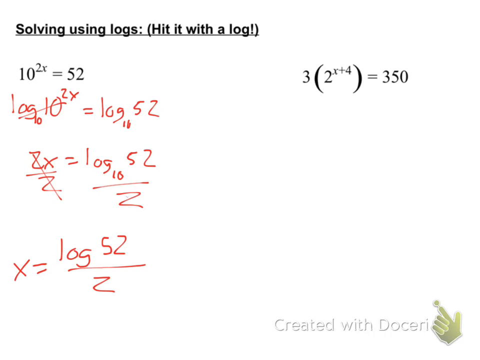So take your calculators out. Take log of 52 divided by 2. What do you get? So log of 52 divided by 2 is, say it again, 0.858.